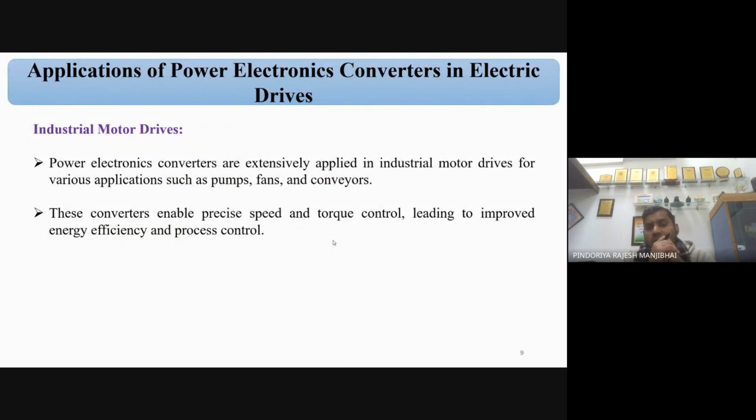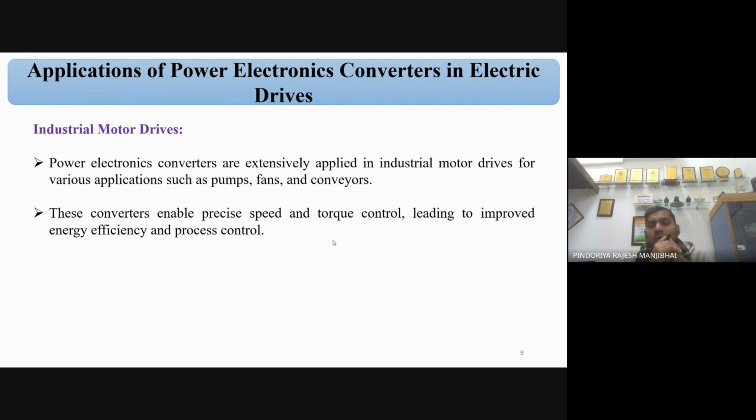Next one, that is industry motor drives. We already discussed that whenever we say drives application, whenever we say industry load, 70 to 75% of the majority power is consumed by industry nowadays, and only 30 to 40% of power is consumed by the domestic load, correct?